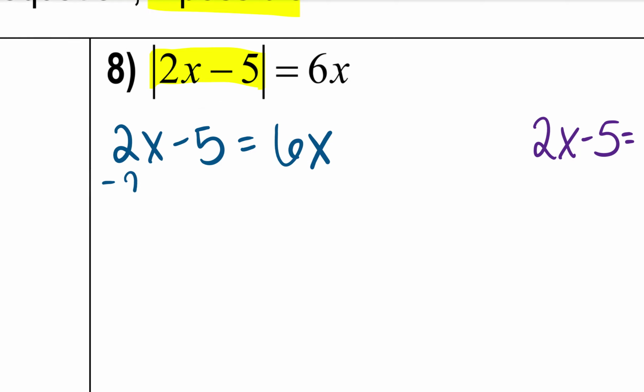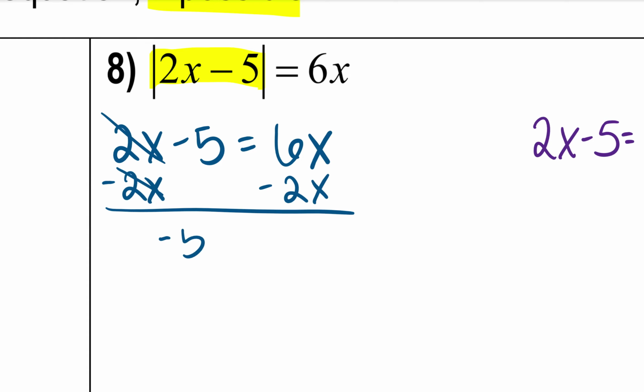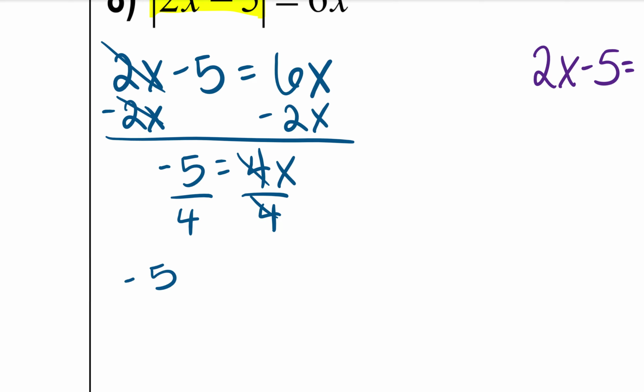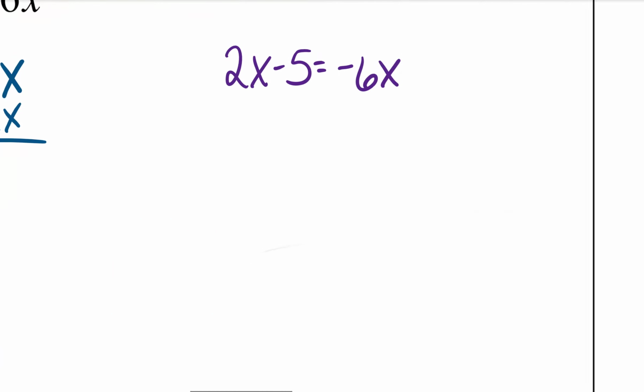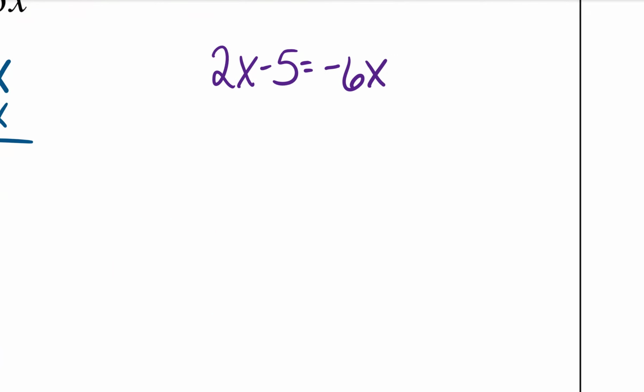So I'm going to go ahead and move 2x over here. So I have negative 5 equals 4x. And then divide by 4. So negative 5/4 equals x. Then over here, not the same thing.